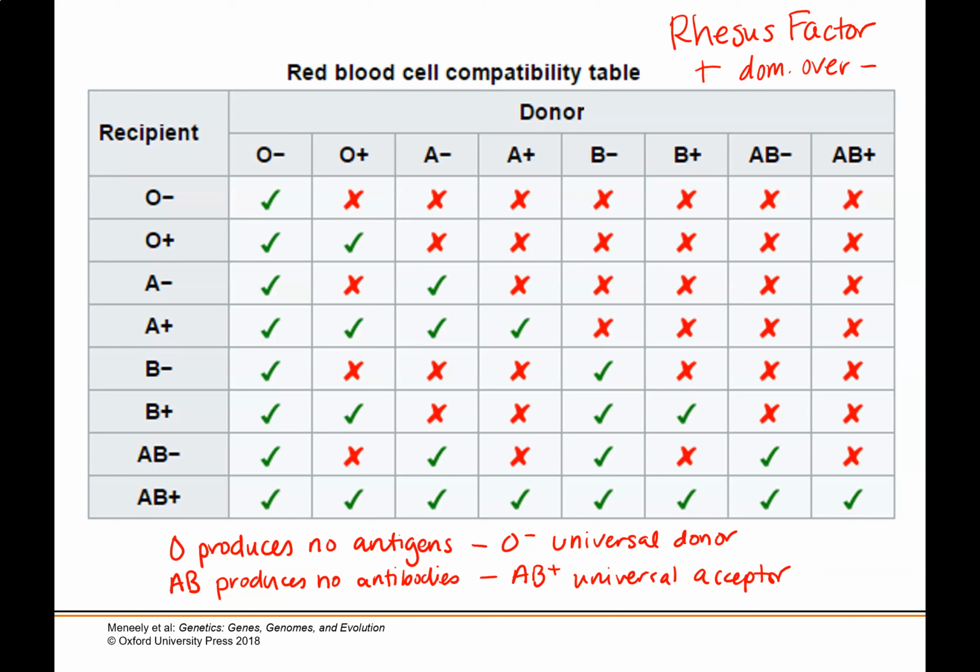So a negative individual can donate to a positive without having any sort of reaction. A positive individual cannot donate to a negative because it will cause a blood reaction as well. We can talk about this a little bit more in lab if you have some questions. You do not need to memorize this chart. I just want you to understand the antigen antibody problem.